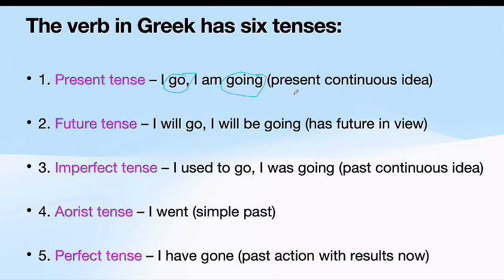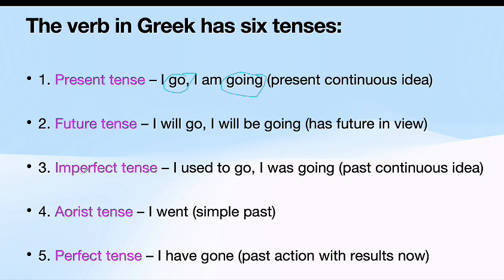We'll not talk about it here, but when we reach the point where we need to learn about Greek aspect, then we will introduce the idea. But for now, have in mind that present tense has to do with a present time or a present continuous idea. Future tense, I will go, I will be going, has a future in view.